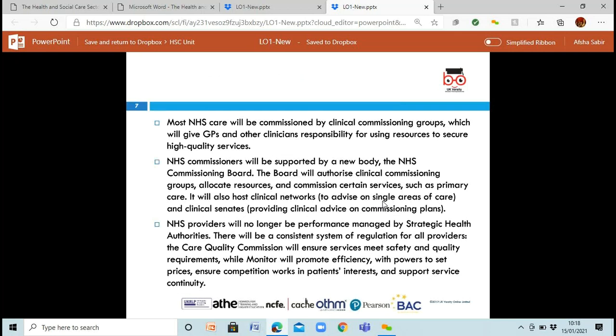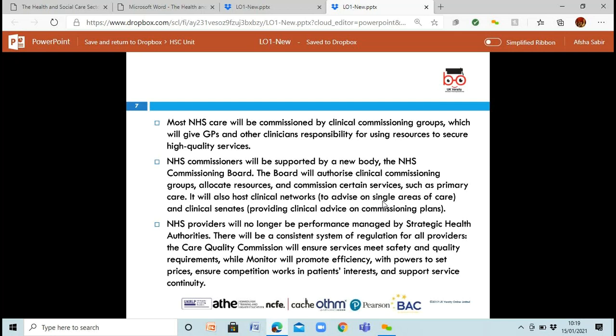We've also got here where most of the NHS care is commissioned by clinical commissioning groups, and these give GPs and other clinicians responsibility for using the resources. So we've got NHS commissioners who are supported by a new body, called the NHS Commissioning Board.